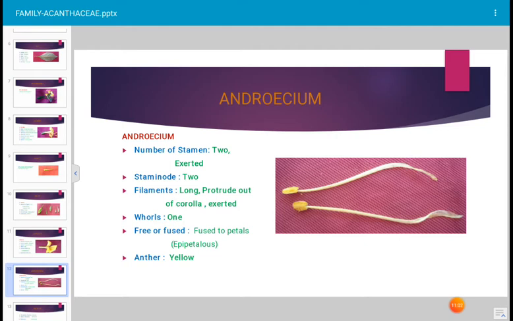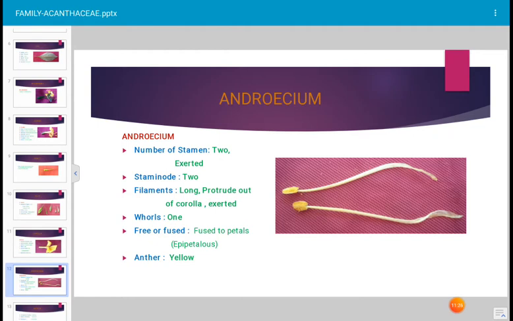That means two fertile stamens and two staminodes, which are sterile stamens. In this way, there are a total of 4 stamens, 2 sterile and 2 fertile. The 2 fertile stamens are shown in the figure, and the filaments are very long and protrude out from the corolla, therefore exserted.